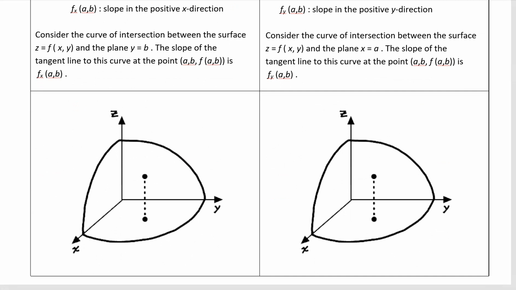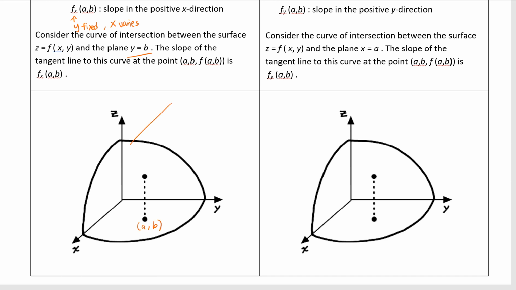So if we consider the curve of the intersection between the surface and the plane y equals b. So think about this guy. We consider y is fixed. Well, y is a constant, right? So x varies. Okay, so y is fixed. So we have a plane y equals b. So this is the point (a, b).